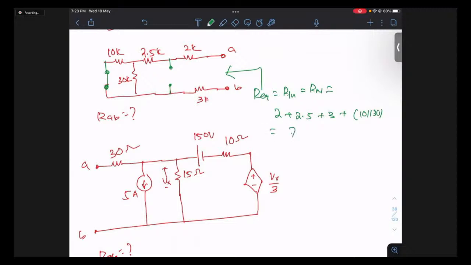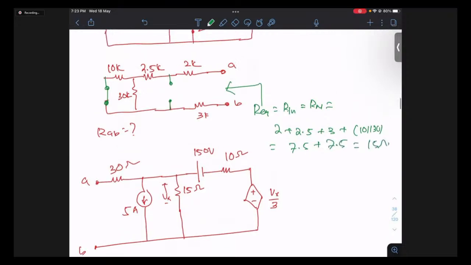So this is 7.5 plus 300 by 40. 300 by 40 is 30 by 4, which is 7.5. This comes to 15 ohms. So the answer to this problem is 15 ohms.